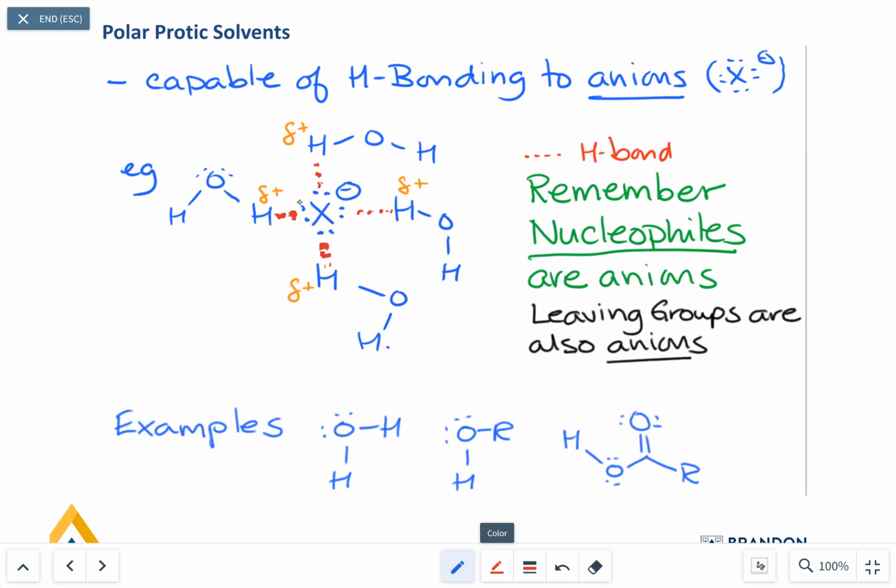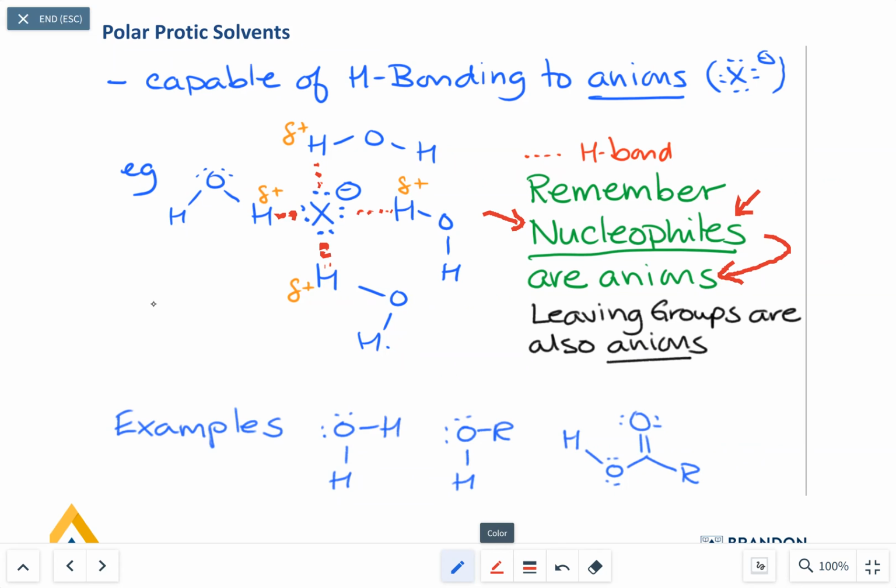This is really super important because remember, nucleophiles are typically anions, and the ones that aren't anions have lone pairs.